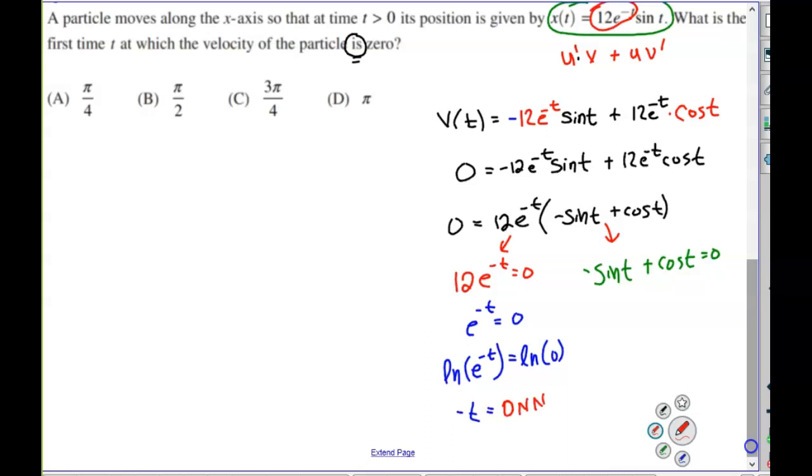Does not exist. And that's where, if you do a quick glance at the graph of ln of x, it will never hit 0. And that's the part that gets kids confused. What does that mean? That means that this part is not going to give us our answer. It's going to produce a result that's extraneous.